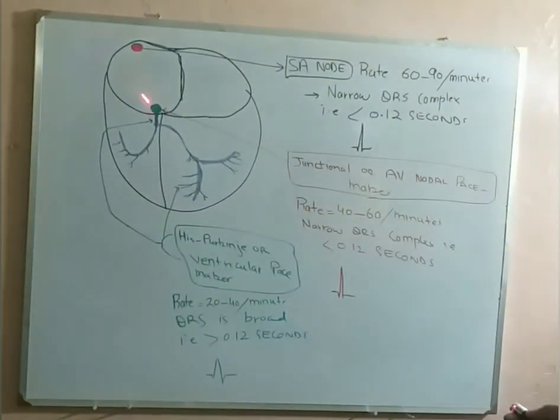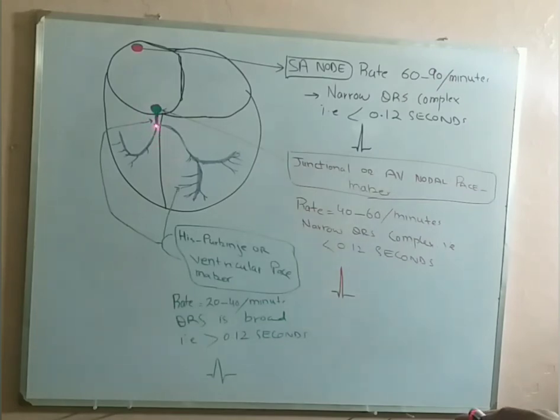This is the SA node pacemaker. It fires at a rate of 60 to 90 times per minute, and the QRS complex generated as a result of the impulse coming from the SA node is a narrow QRS complex, which is less than 3 small boxes or less than 0.12 seconds.